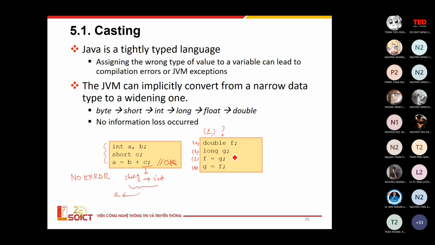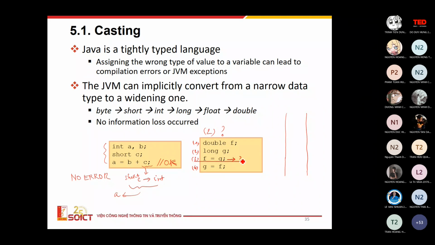The data type long has a size of 8 bytes. And the third command will assign the value of G to F. And the size of G is bigger than F.